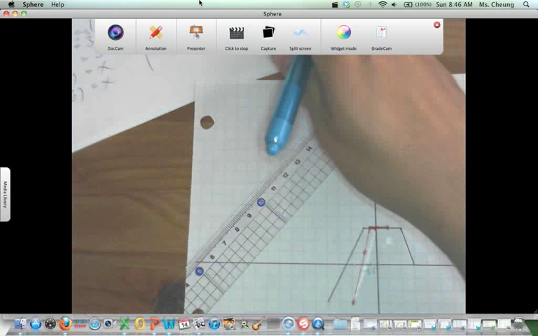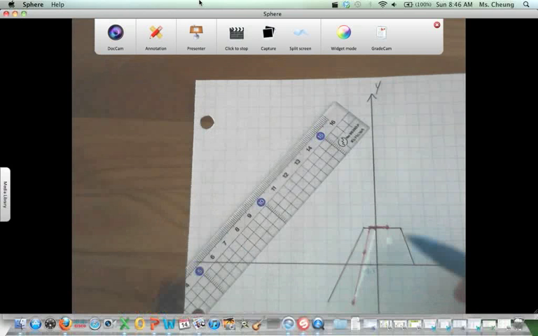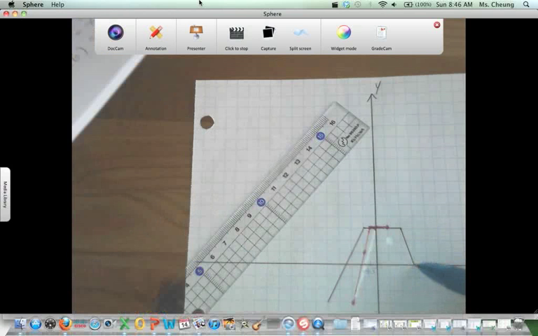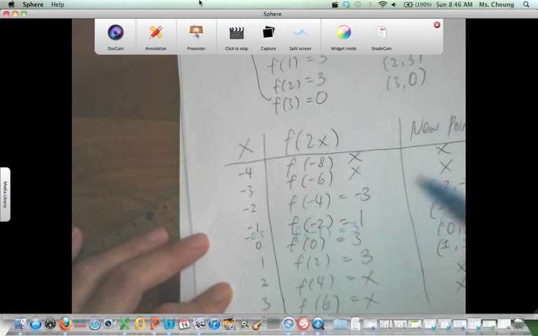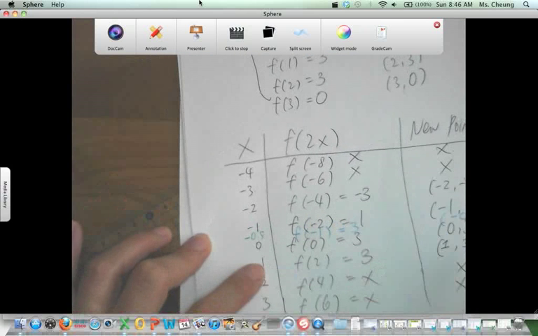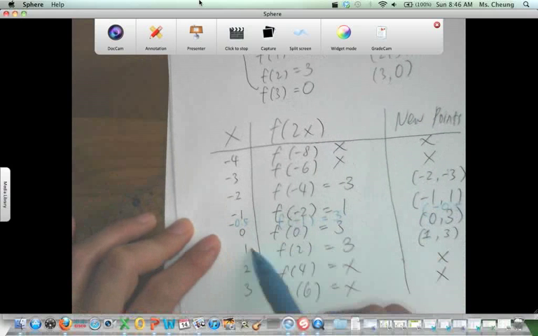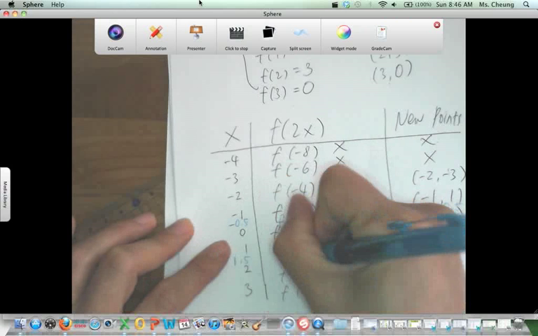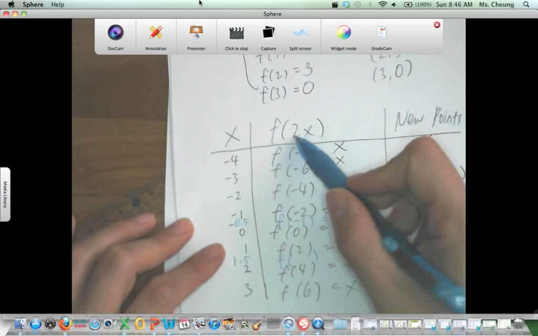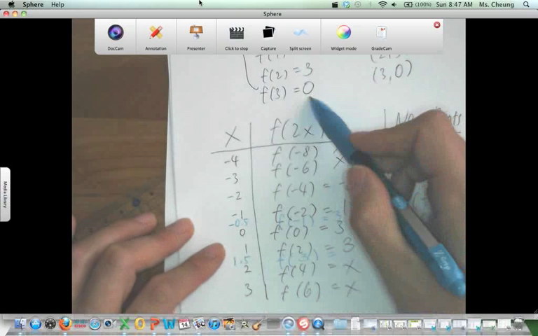Then you are going to observe. After 1, we don't have any points, but we need a point to cut through 0 in order to have the same shape. So I'm looking here again. After 1, I have no point. I want to check the x in between 1 and 2, which is 1.5. So I want to find f of 2 times 1.5, which is f of 3, and f of 3 equals 0.